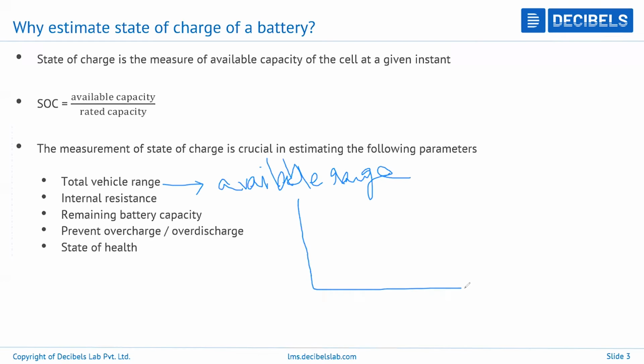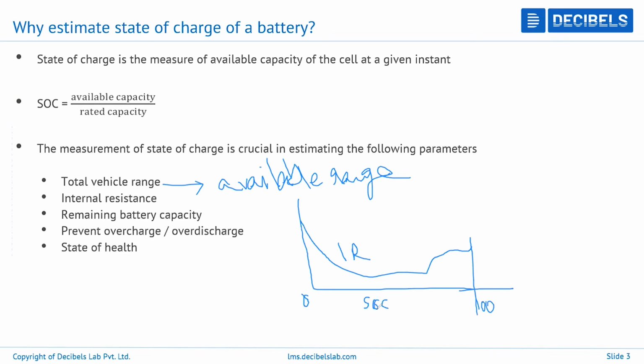So it will have a varying graph with respect to SOC. If you take how the resistance looks, it looks something like this. If you start at 0% and move to 100%, your resistance, that is your IR, internal resistance, varies quite a lot with respect to SOC.